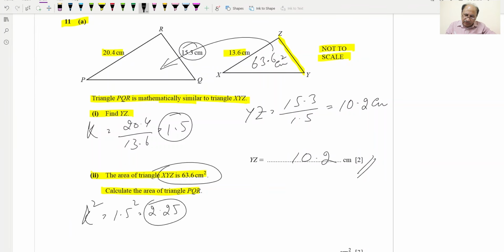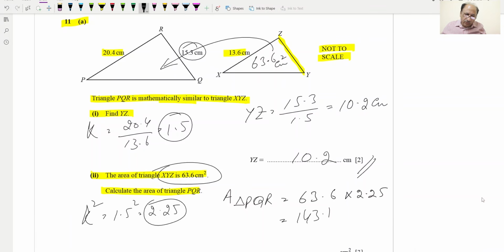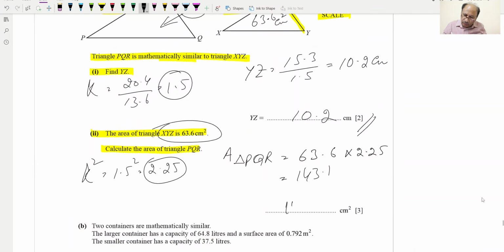So we will multiply 63.6 by 2.25, and the area of triangle PQR is equal to 2.25 multiplied by 63.6, which is equal to 143.1 centimeters squared. So 143.1. We are done with this.